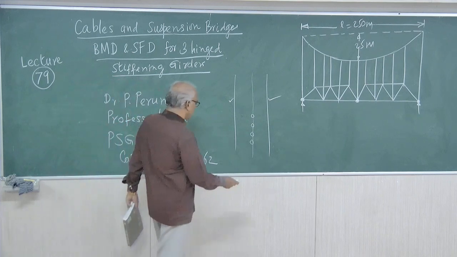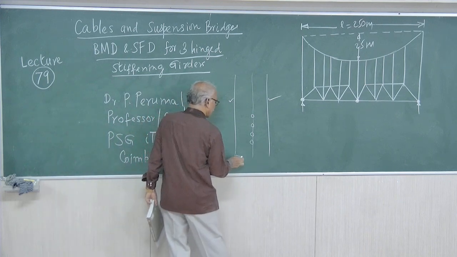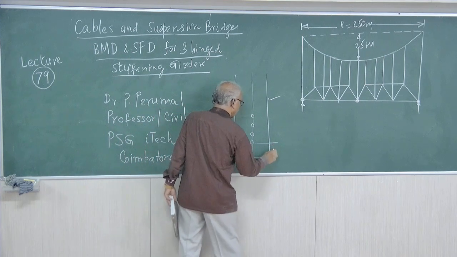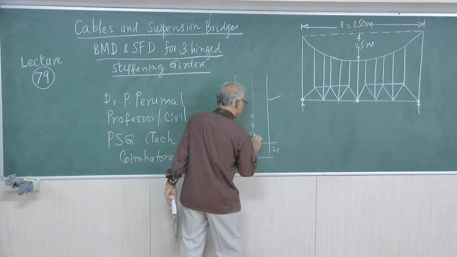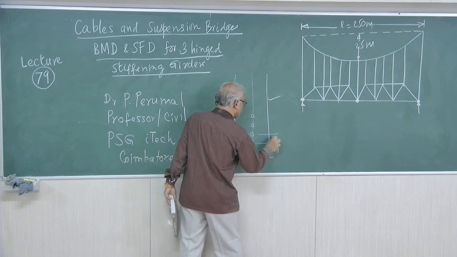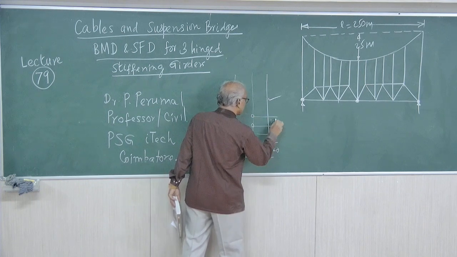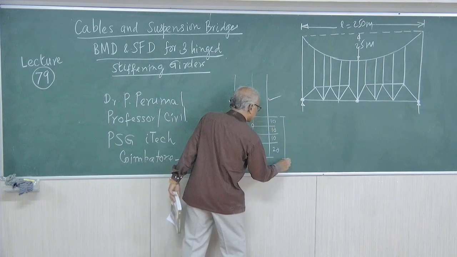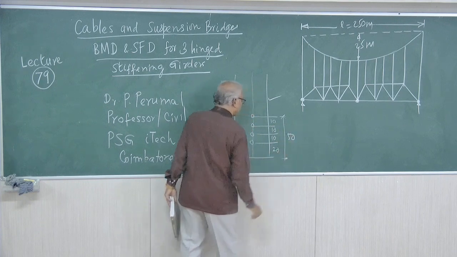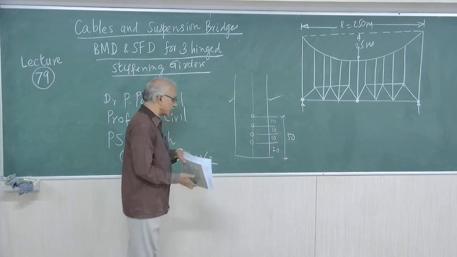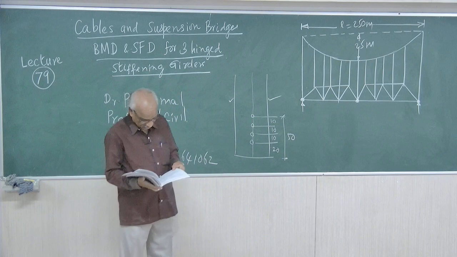Right. So here it is at 20, 30 means this is 10, 40 means this is 10, 50 means this is 10. That is 20, 30, 40 and 50 meters from one end. So, that is the loading.